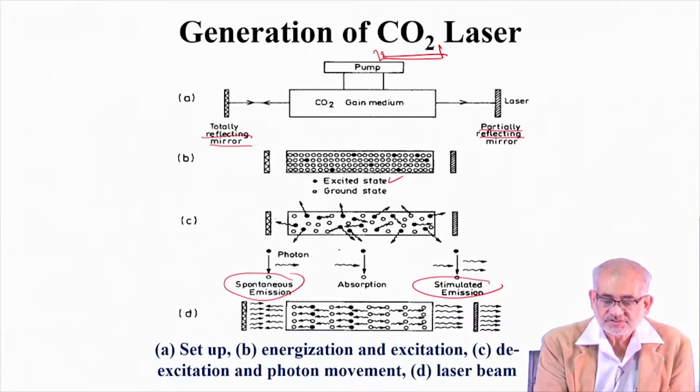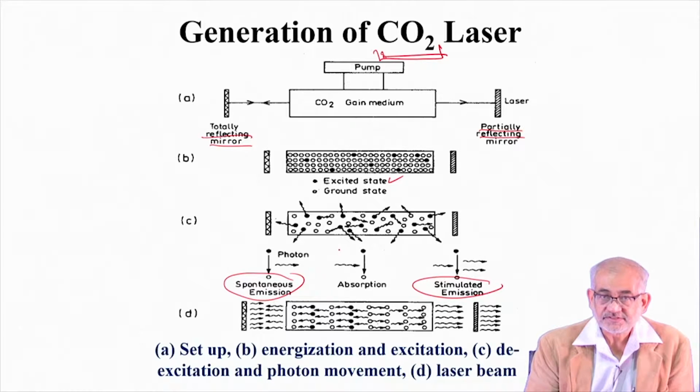So the entire process will require excitation, taking the species to higher energy state, and then de-excitation, falling back onto the ground state, and in the process emission of photons.